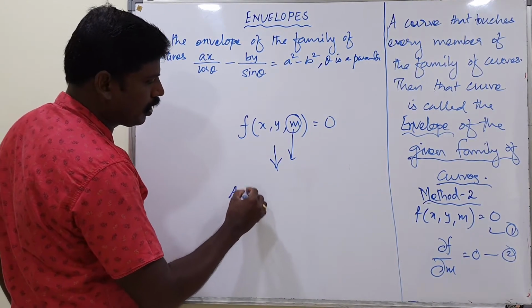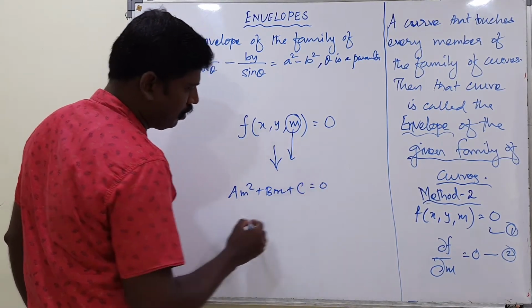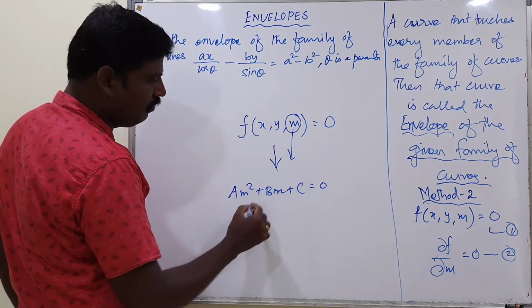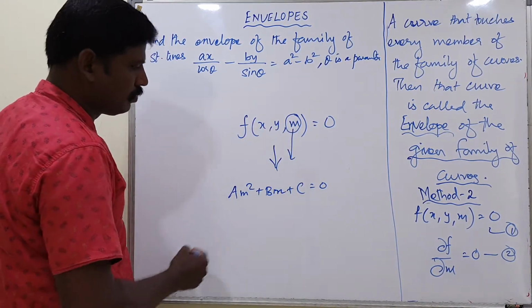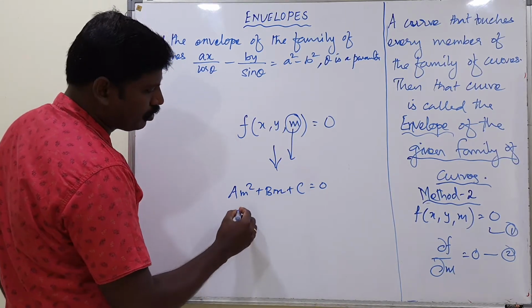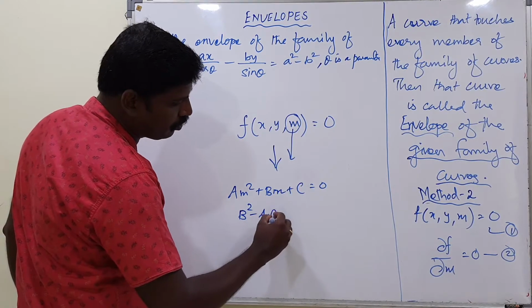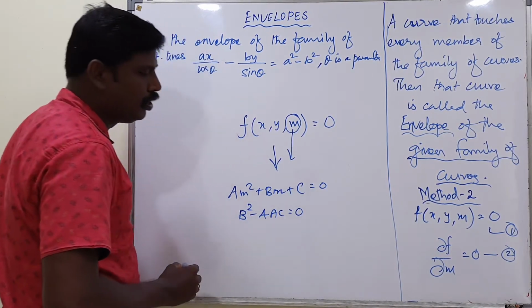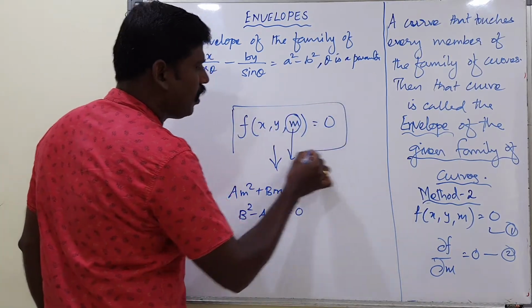That means a m square plus b m plus c equals 0, where a, b, c are the functions of x and y and constant. Okay, x and y, right? So find out a, b, c and substitute, equate b square minus 4ac equal to 0 to find the envelope of the given family of curves.